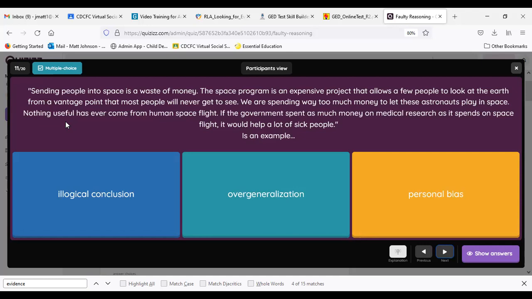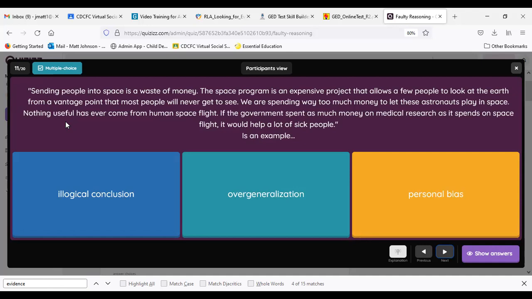Sending people into space is a waste of money. The space program is an expensive project that allows a few people to look at the Earth from a vantage point that most people would never get to see.